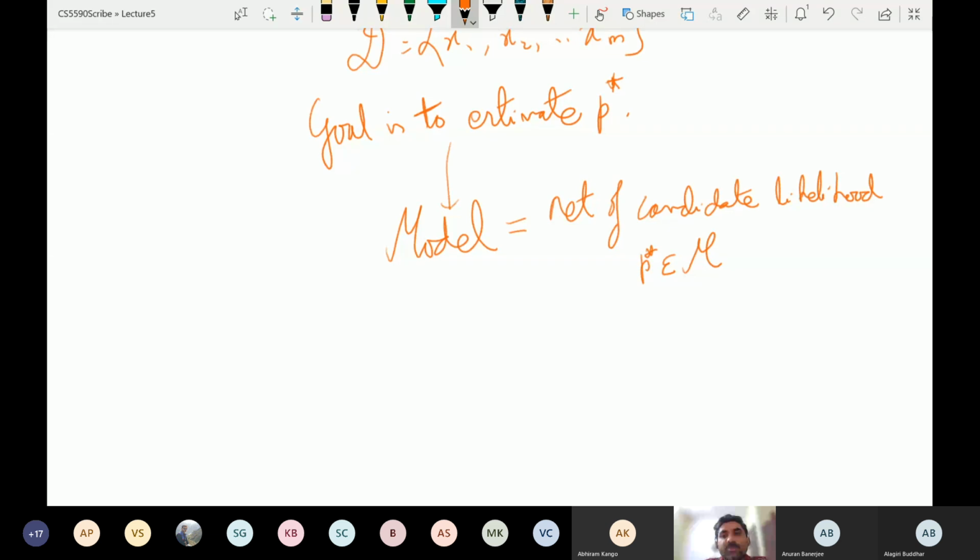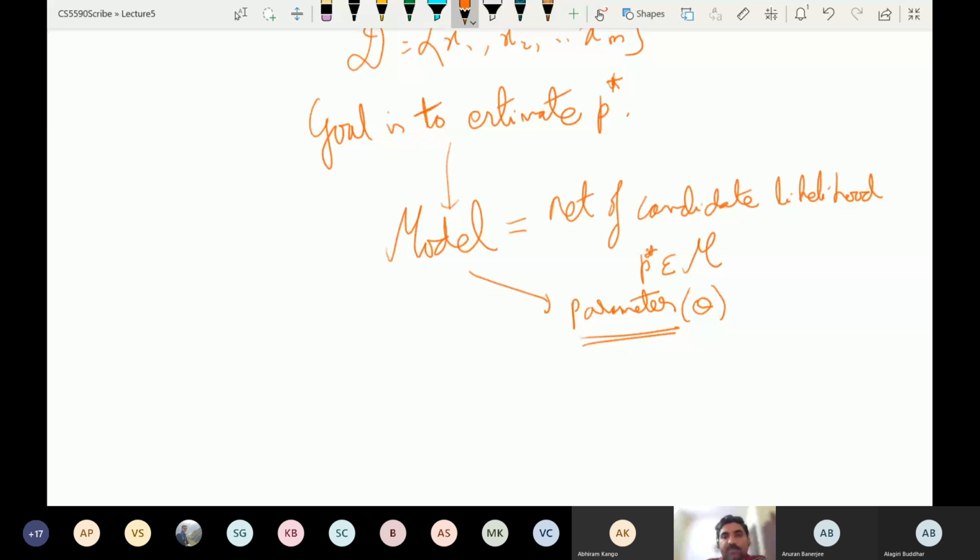And then we said we'll usually go with a parametric model, where if I pick a set of parameter values, then I'll be picking up a particular likelihood function. As the parameter values change, the likelihood functions change in the model. We call the parameter theta, which itself could be a vector.